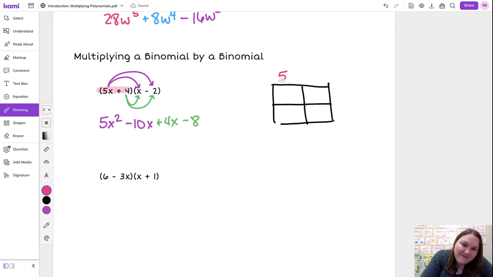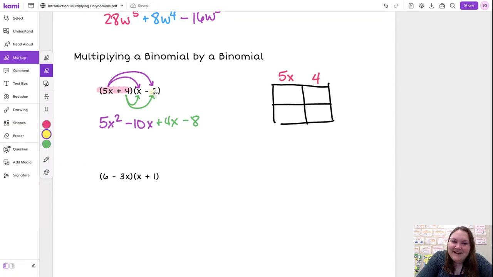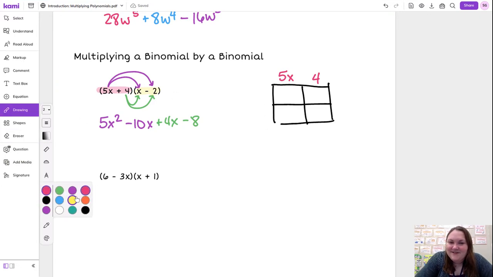So I can put my 5x here and my positive 4 here. And then our other binomial, that x minus 2, will go on the other side. So on my other side, I have my x and my minus 2. And then this gives us the 4 multiplication problems we need to do.